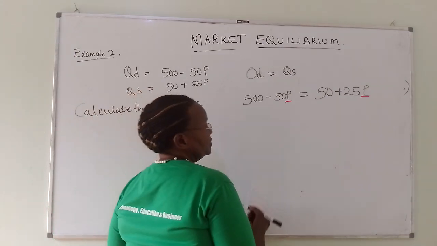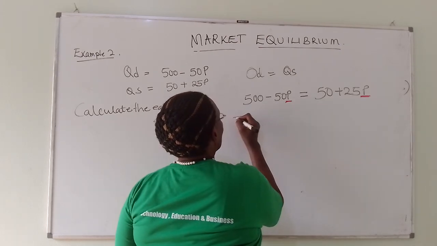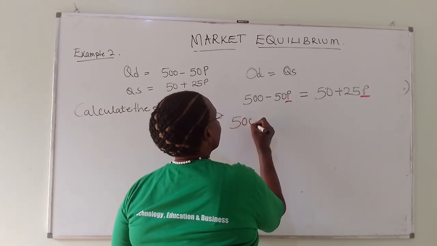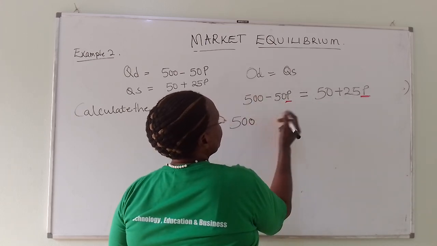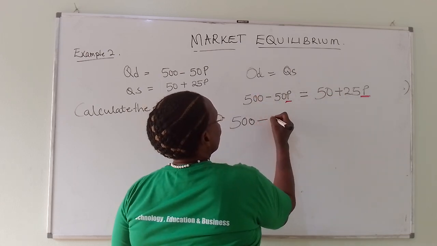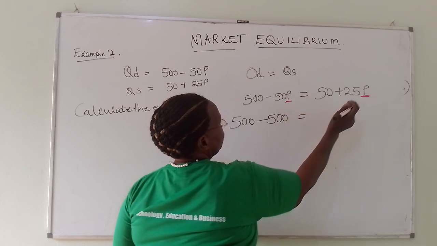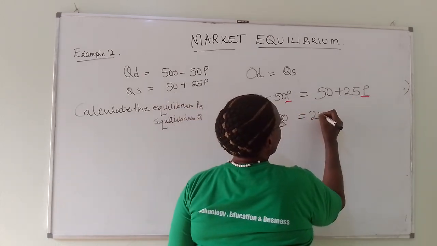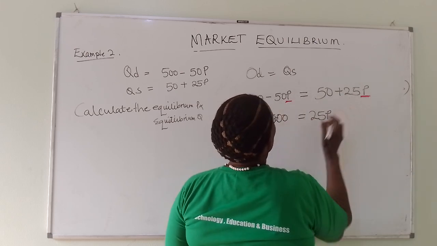Like we had in the first formula, you bring the like terms together. Here we have our 500 and we take away the 50, which is plain with no price. And 50 moving to this side becomes a negative. So you have your 50 there, which is equal to 25p. And now we are moving the 50p to the other side.